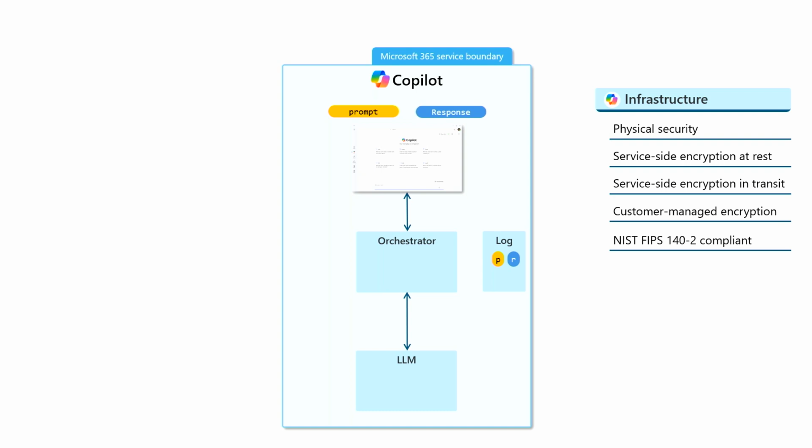You can bring customer-managed encryption into our services. And finally, everything that we're doing is compliant with the National Institute of Standards and Technology's FIPS standard, that's 140-2. And so know that we are doing everything that we can throughout the infrastructure to make sure that that security obligation is met in accordance, again, with our enterprise data protection policies.